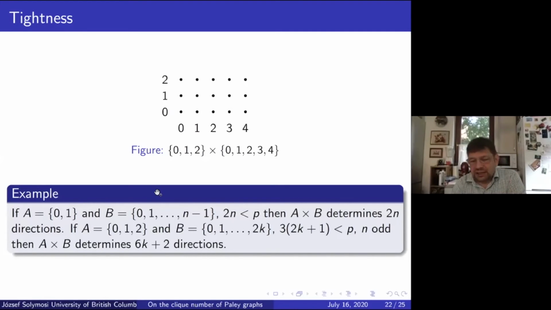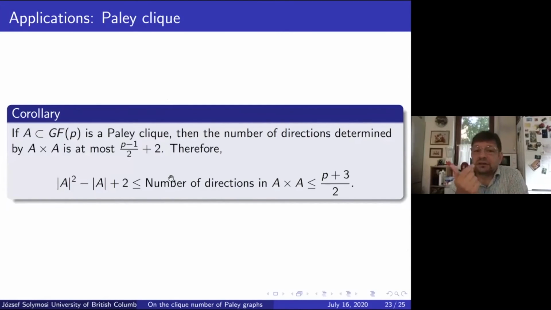but we don't know, and that's an open problem, if you really have an n by n grid. We don't think that the bound is sharp. But here's the corollary. I promise that I will come back to the Paley clique, but it's very simple now because you have, say, a clique in a Paley graph. That means a set A where all the differences are quadratic residues. You take A cross A, this Cartesian product, and please note that all the directions are quadratic residues because the differences of the coordinates are quadratic residues and you divide one by the other.